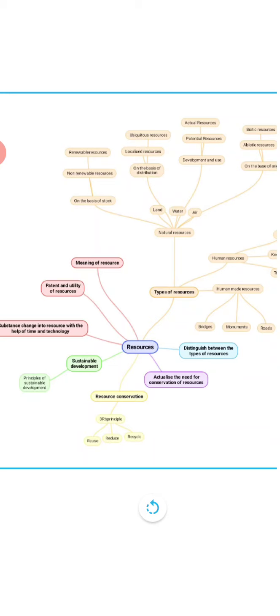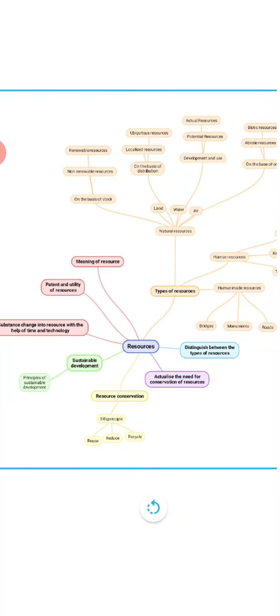We have learnt also why we need to conserve our resources. We need to conserve our resources because they are limited. Remember, our future generation will also need our natural resources. We can also help conserve them by simply using our materials wisely and not wasting them.